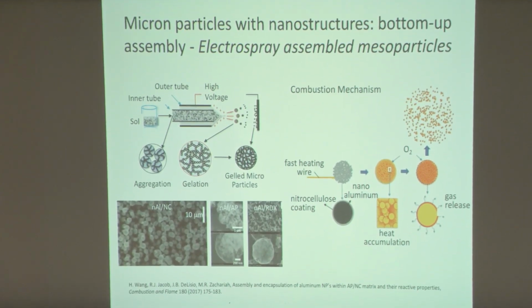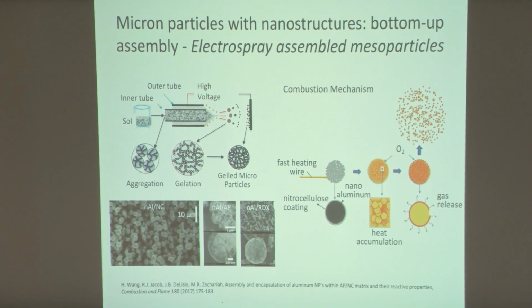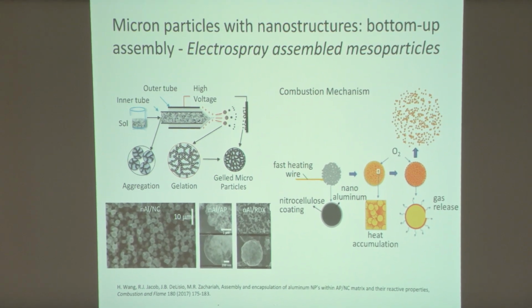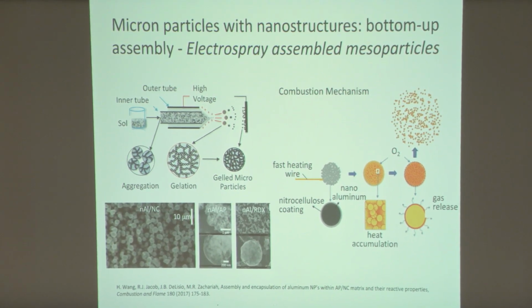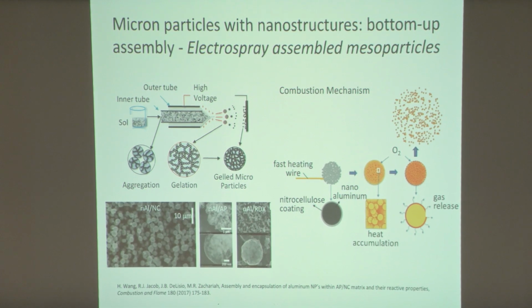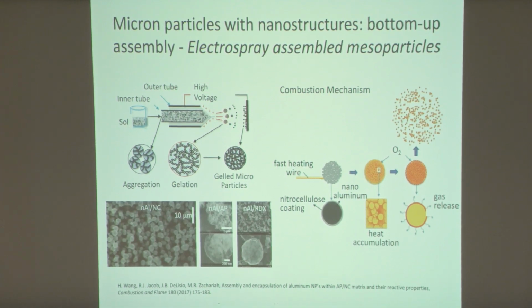In this particular case, this work was done by Mike Zachariah. He basically had a solvent, and in the solvent, he mixed nitrocellulose and nanoparticles. He put them through an electrospray system, and as they went through, it created very, very small droplets.